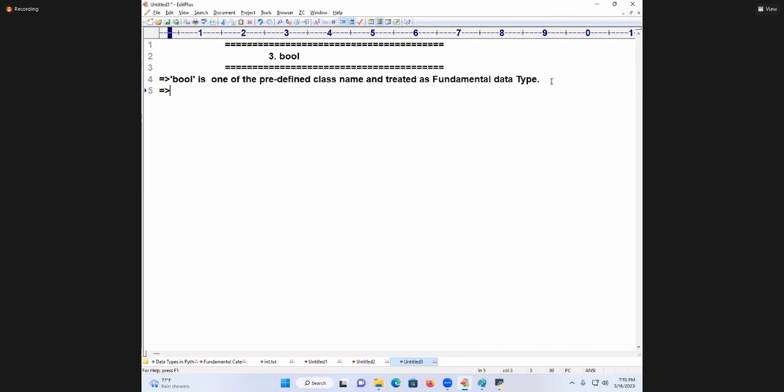Now students, next I'm asking, what is the purpose of this Bool data type? The purpose of Bool data type is to store... One minute, answer my question. Are you there in the class? Yes. Yes means what? True.